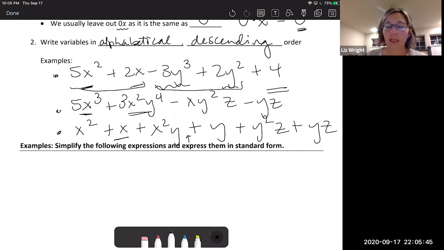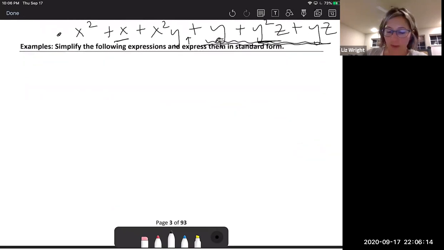If we all are using the same conventions, then our answers actually match up. And so the same thing here, I want you to look at this part of the example and make sure you're understanding why the y is coming here. Again, it's because the alphabetical order trumps the descending order part. So you're putting the y to the 1st power by itself, because the yz term over here would come next alphabetically.